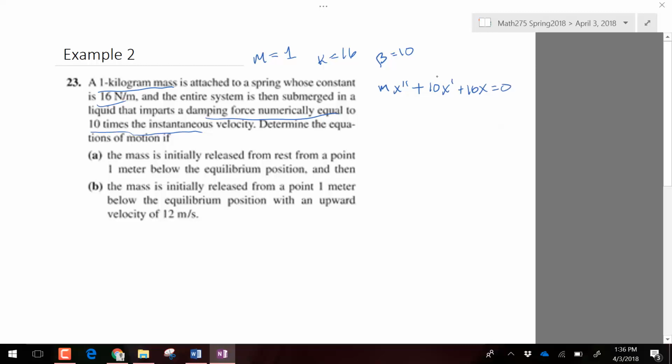I should call this beta, and omega squared? I think it was just k. Let's just leave it like it's supposed to be k.